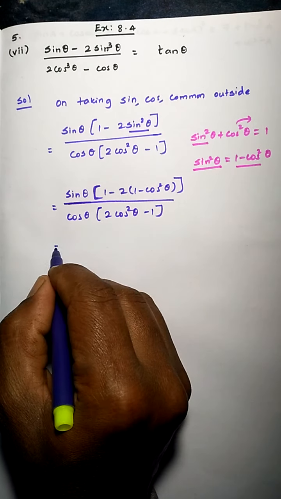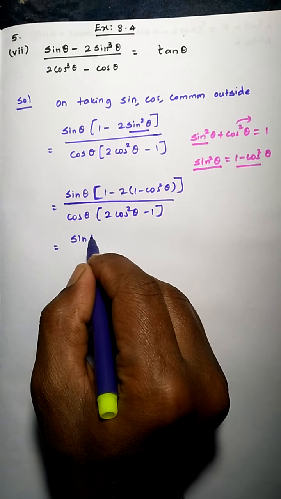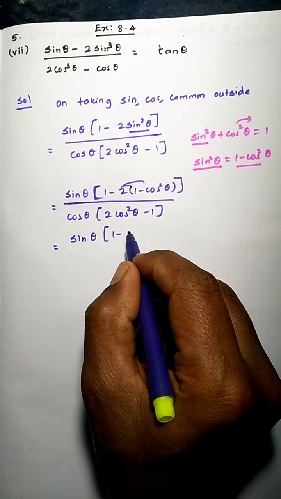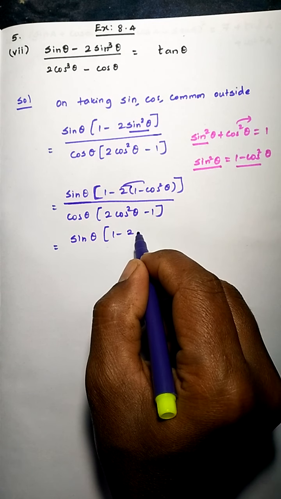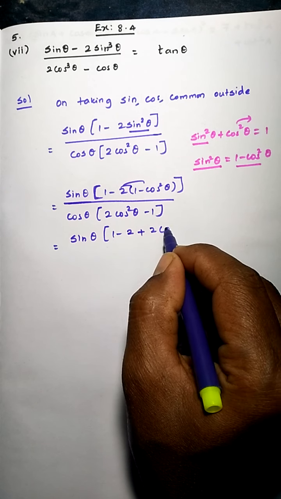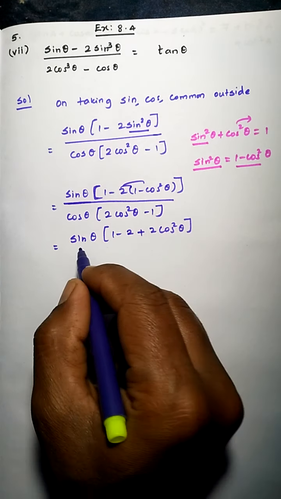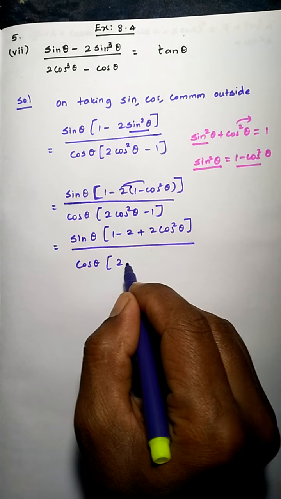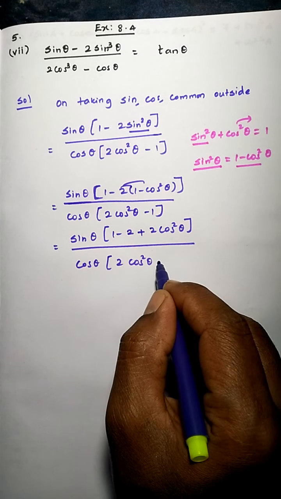Okay, now sine theta into 1 minus, just multiply this 2 inside, then you will get 2, minus into minus plus, 2 cos square theta, by cos theta into 2 cos square theta minus 1.